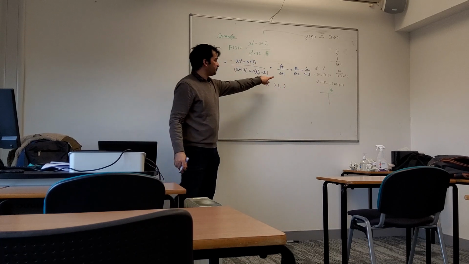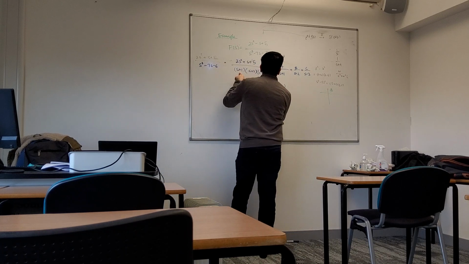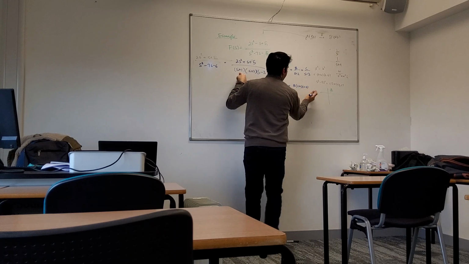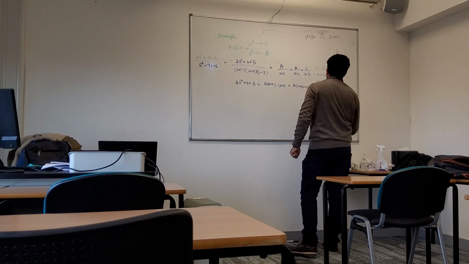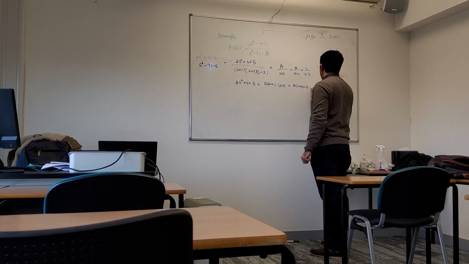Yes, because s plus 1 would be cancelled with s plus 1, and it comes out as s plus 2 and s minus 3, plus b into s plus 1 and s minus 3, and then finally c would be s plus 1 into s plus 2.